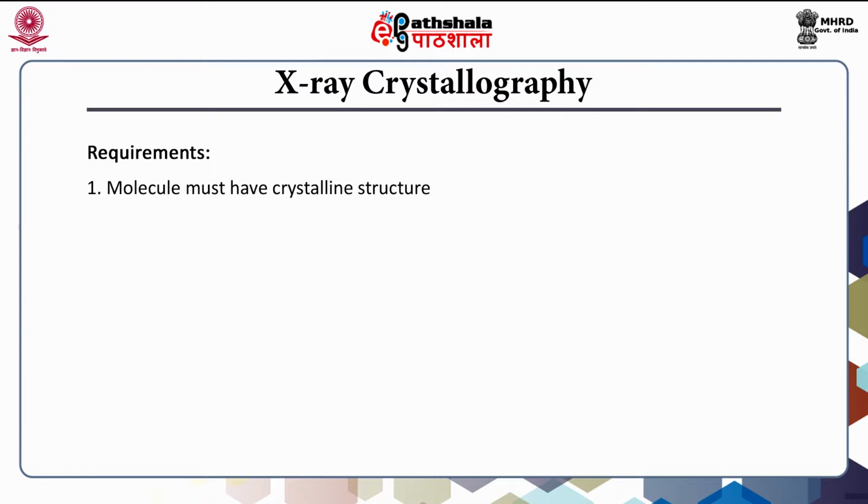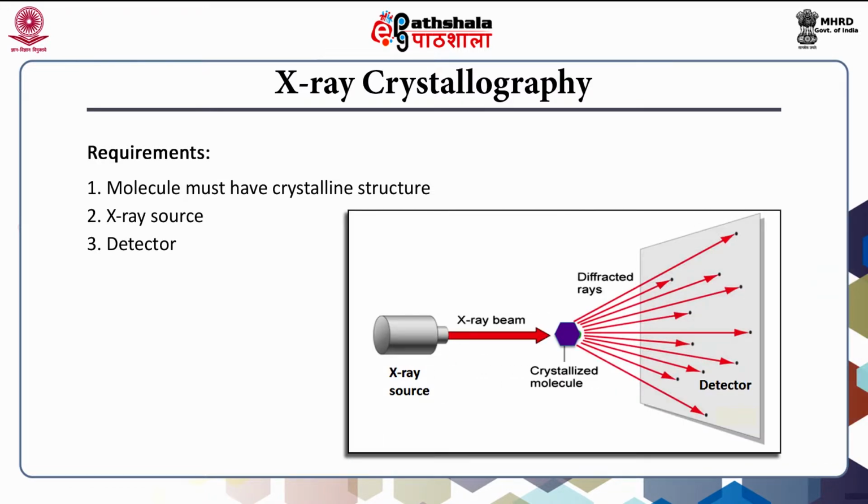The second requirement is an X-ray source, from where the X-rays are coming. The third requirement is a detector. The detector is mainly required to detect the diffraction patterns of X-rays from the crystal. In this slide you can see all these three requirements in the picture on the right hand side.